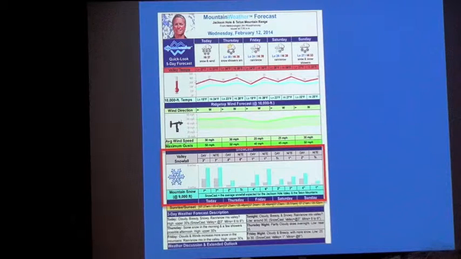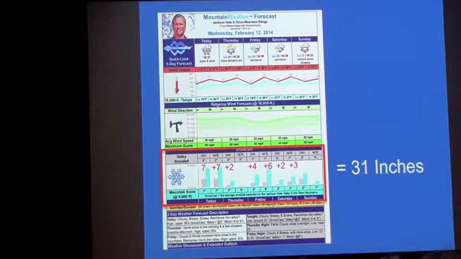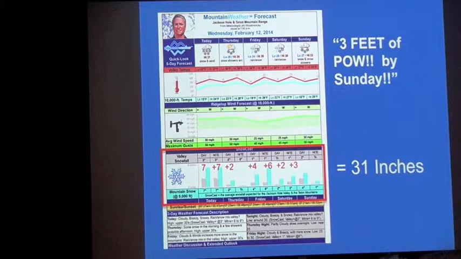And I know a lot of people just forget about everything that's on this except for this red box here that I boxed out, and they hone in on the big snowflake with the bars, and then they start counting up how many inches of snow we're going to get over the next few days, and we go on. That's 31 inches. Well, to a skier, that's 3 feet.